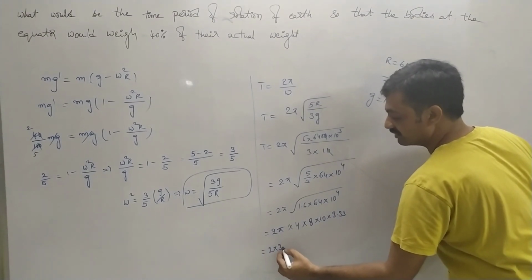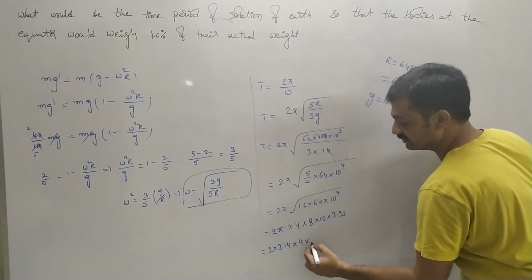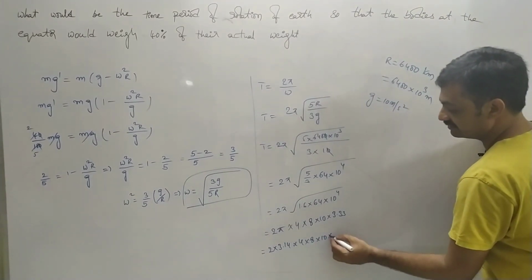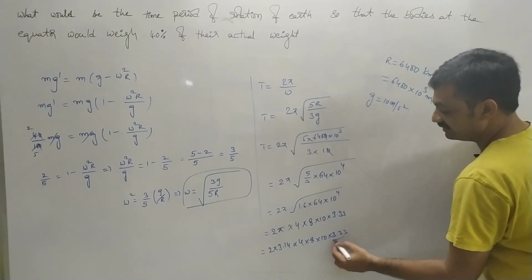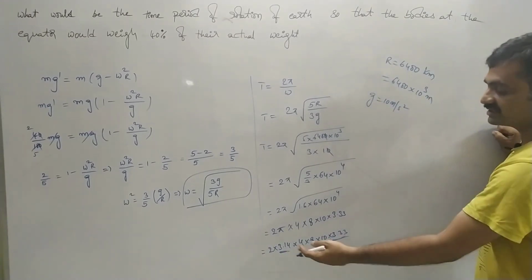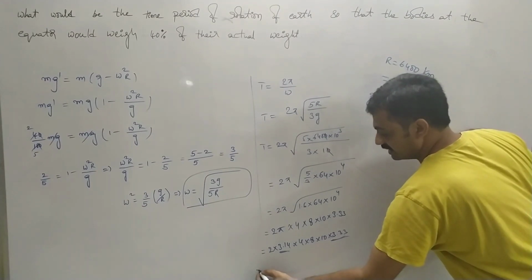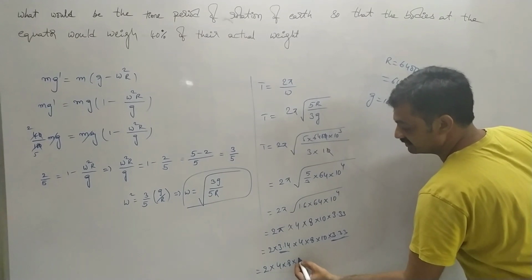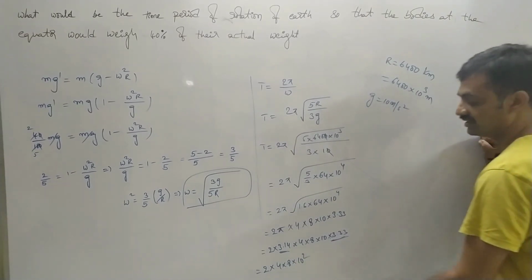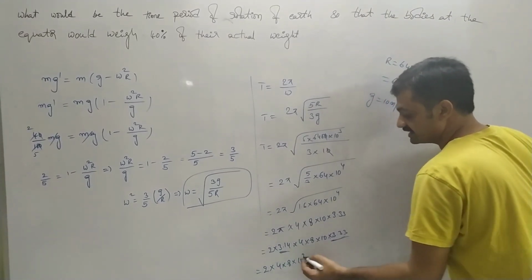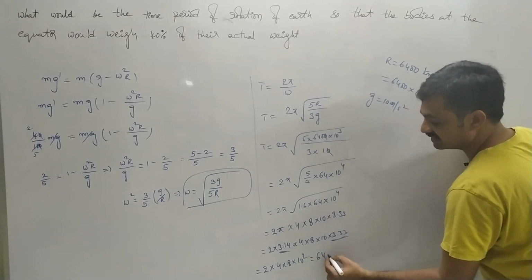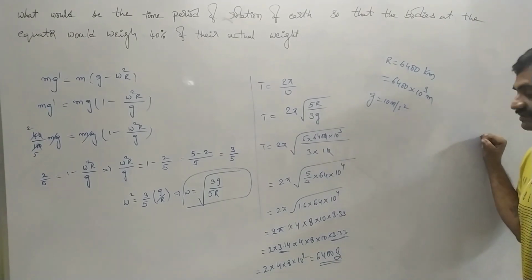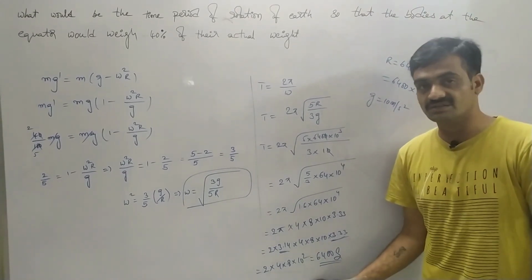So 2 into 3.14 into 4 into 8 into 10 into 3.33. On multiplication of 3.33 and 3.14, approximately we get 10. Then 2 into 4 into 8 into 10 into 10 is nothing but 10 square. 4 8s are 32, 32 2s are 64. So here approximately we get 6400 seconds. This is an approximate value, not the exact value.